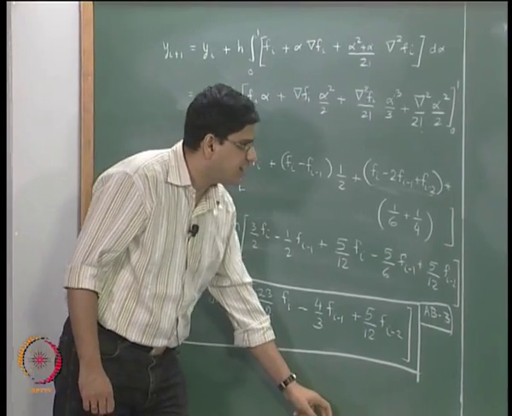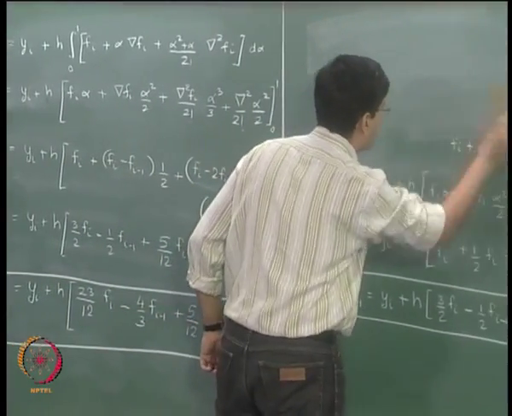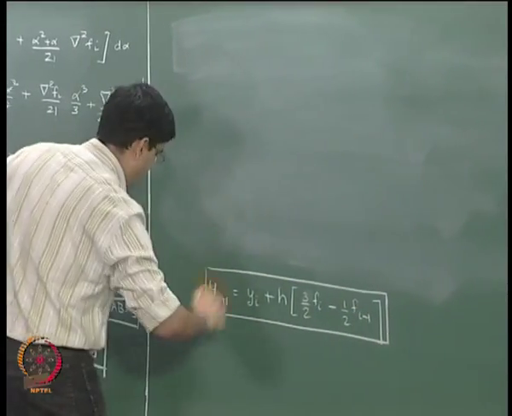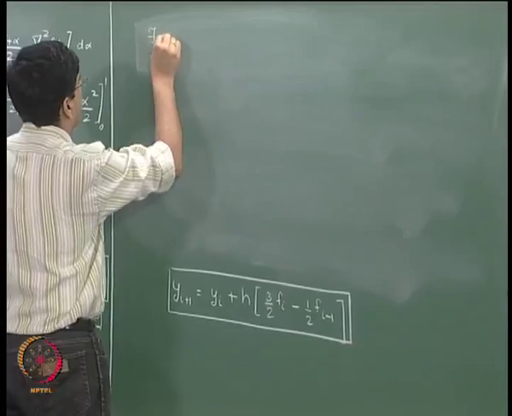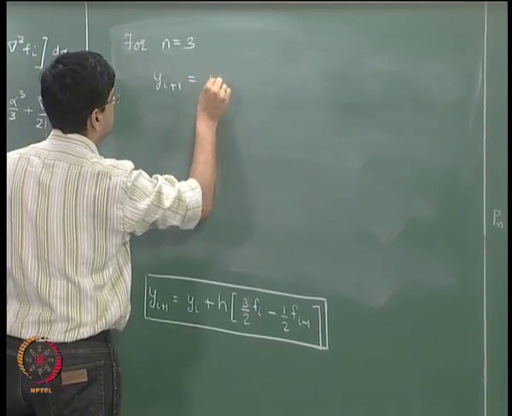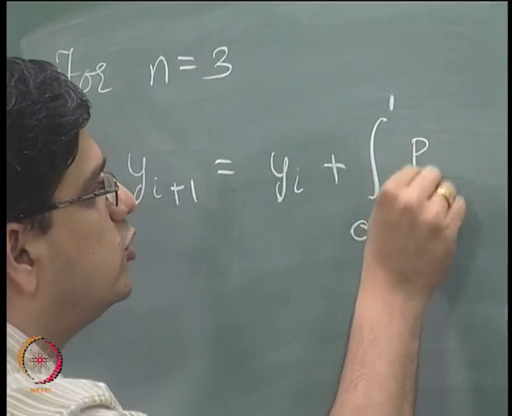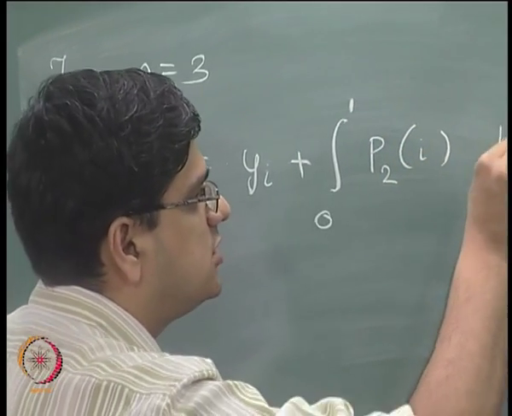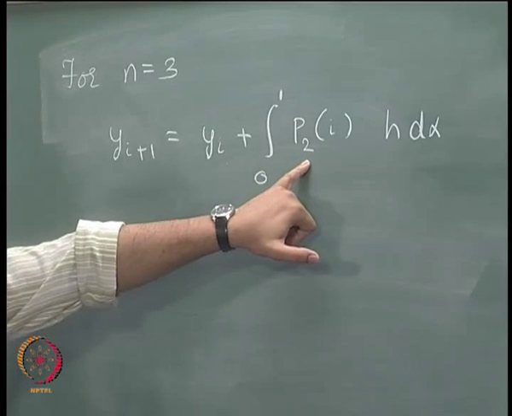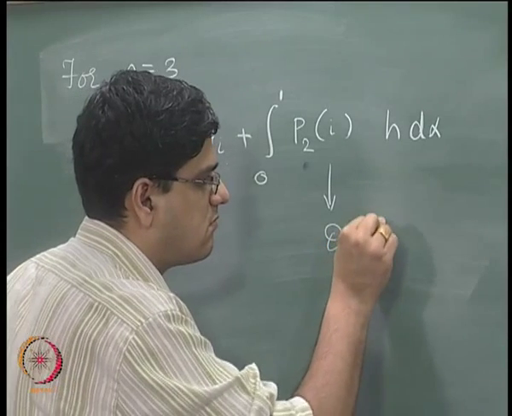Okay. I will write down what I have said over here. For n equal to 3, yi plus 1 equal to yi plus integral from 0 to 1 P2 h d alpha. Okay. Now, for P2 the accuracy is of the order of h cubed. Okay.